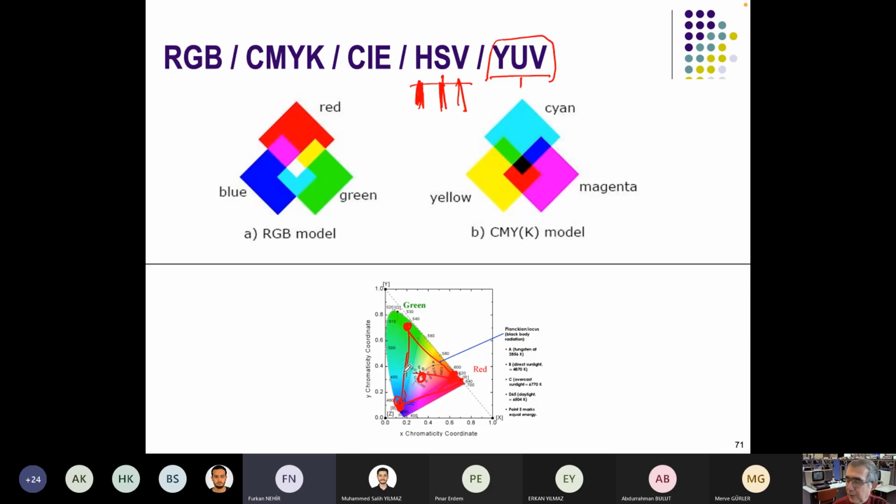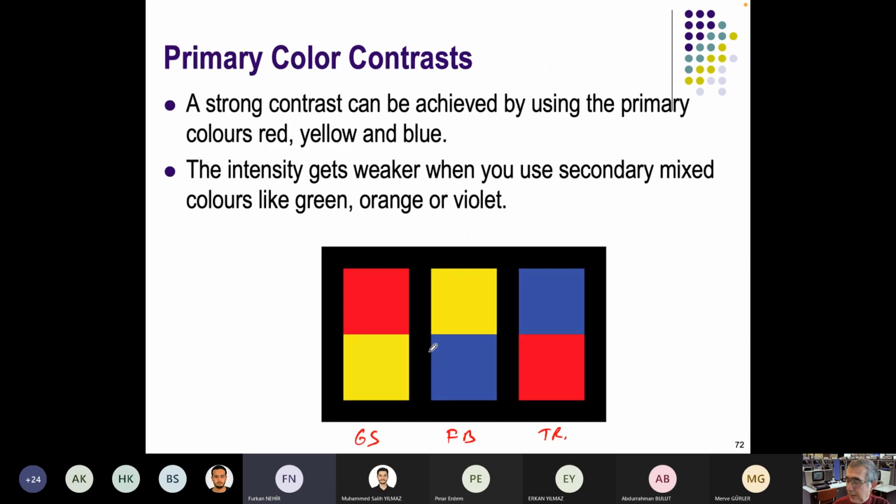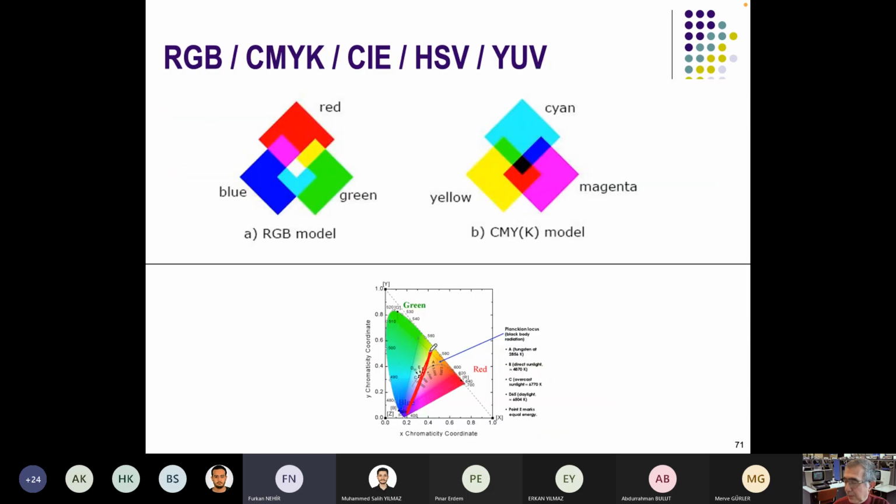So it is from here to here, etc. This is Fenerbahçe, yellow and red. That is not proper, but it is considered as primary.